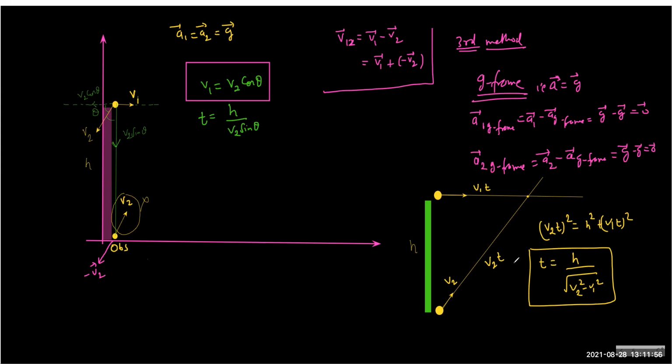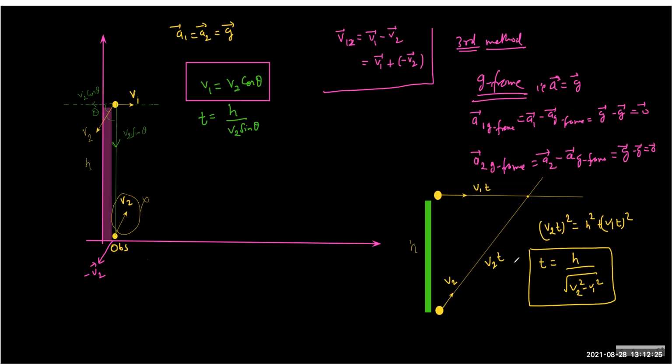Now the shape of the path depends on the frame. So in the G frame, both particles will move with constant velocity because they don't have acceleration. And therefore, if you extend those paths, they will intersect somewhere, called the point of intersection.